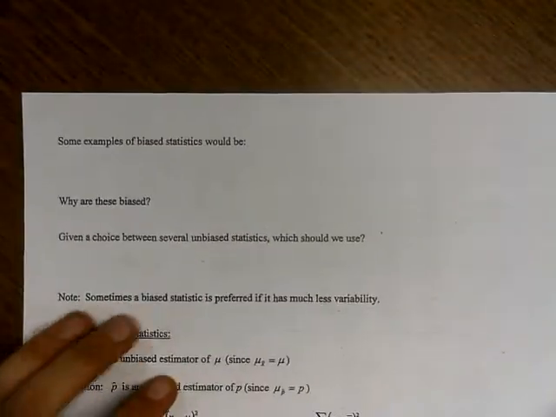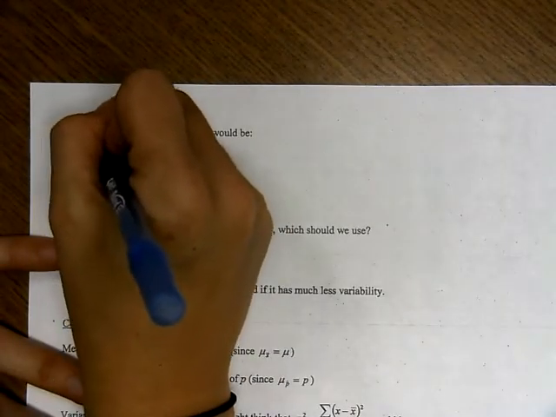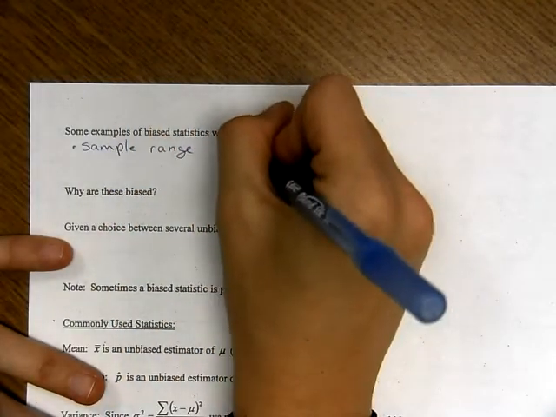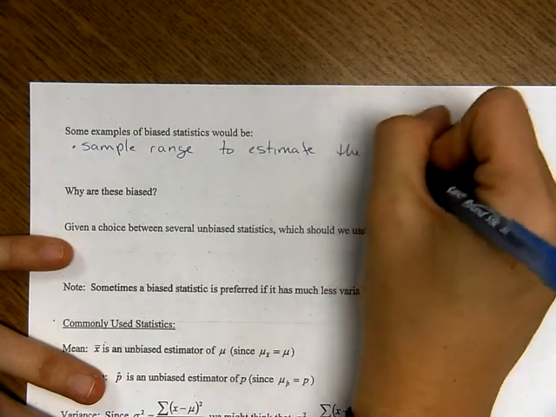Here are some biased statistics. A biased statistic would be like a sample range to estimate the population range.